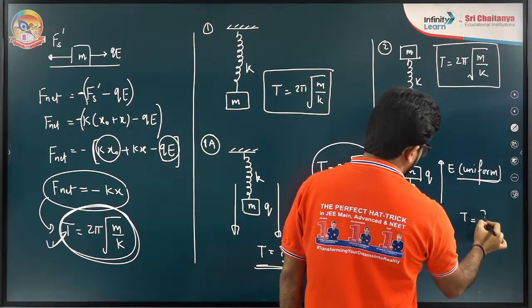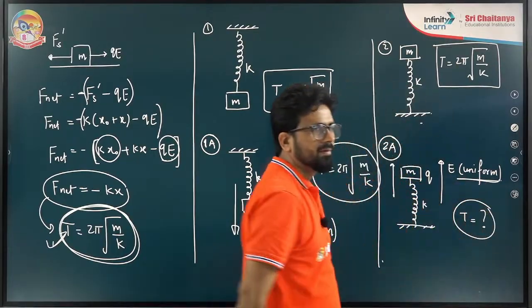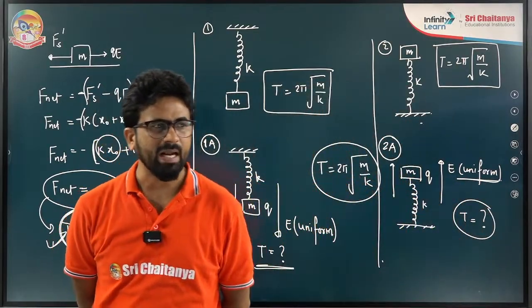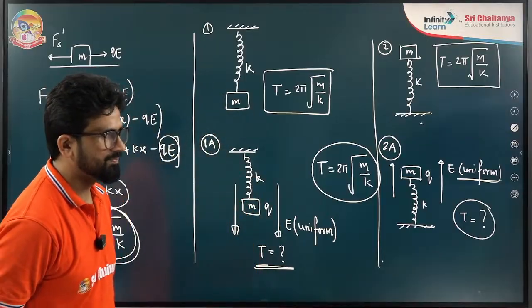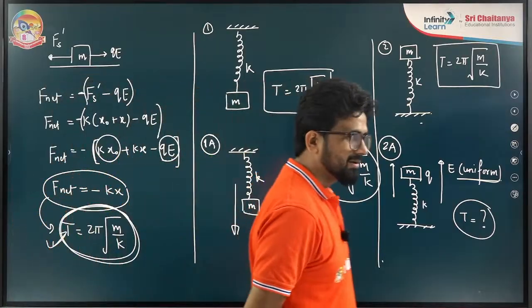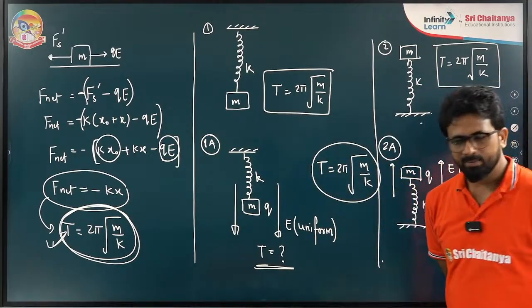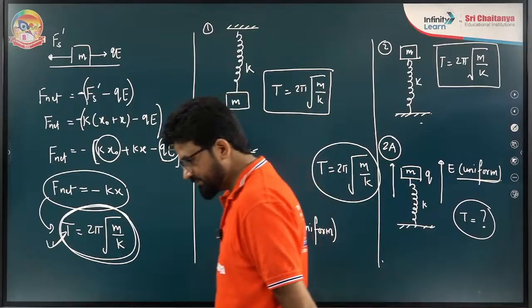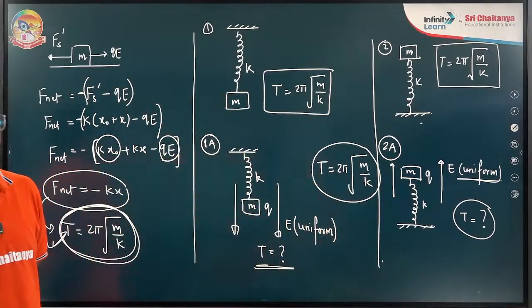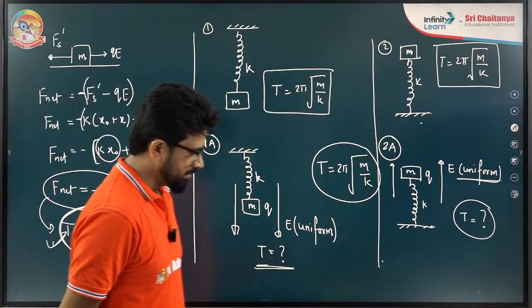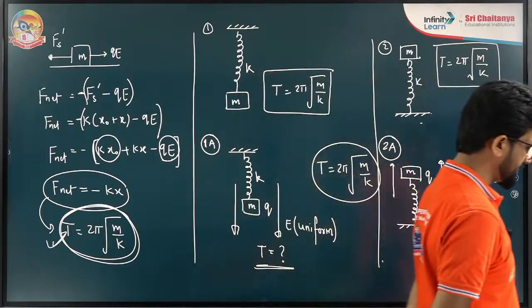The new time period. Tell me, beta. A similar question I have given to you. Everyone reply in the chat box. What is the time period? No doubt about it.